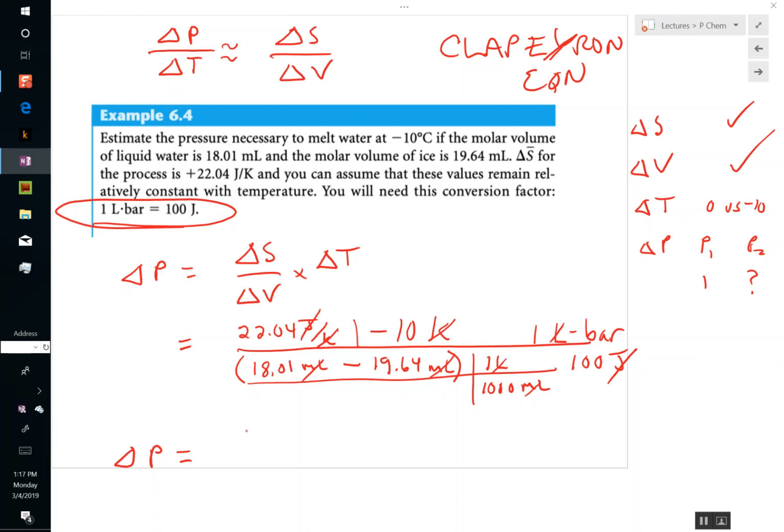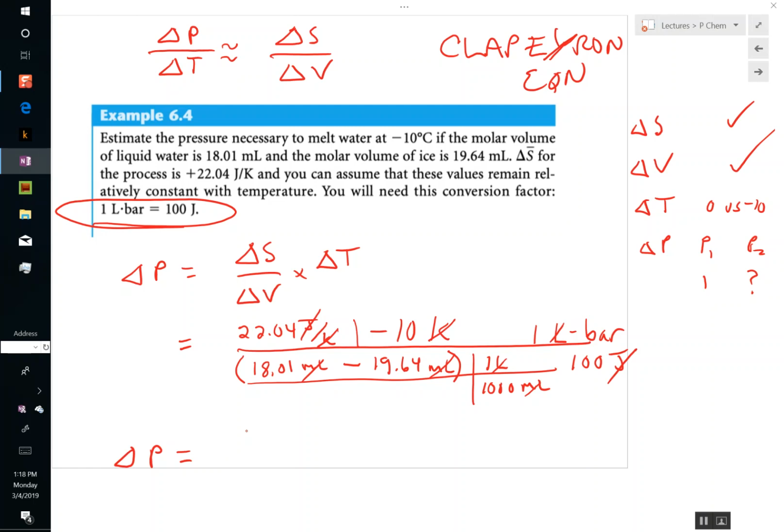Let me punch these in because I see a different number here. Maybe it is the math. Dom, what'd you get? I got 338.62 bars. You got 1352?